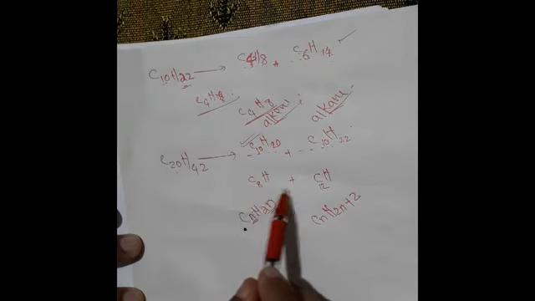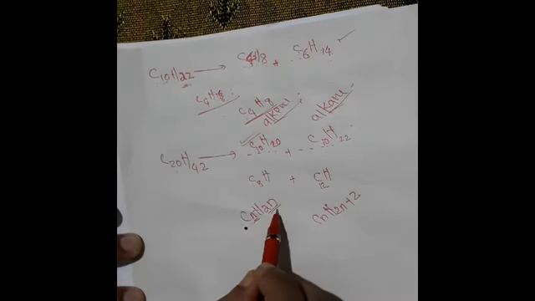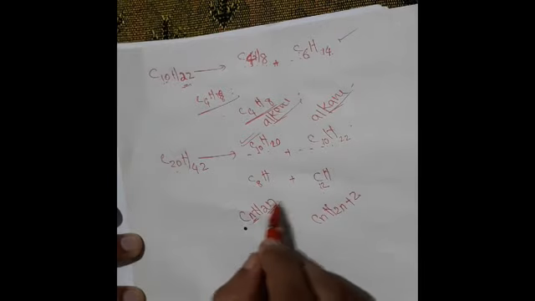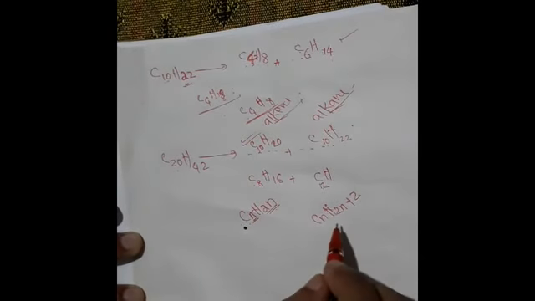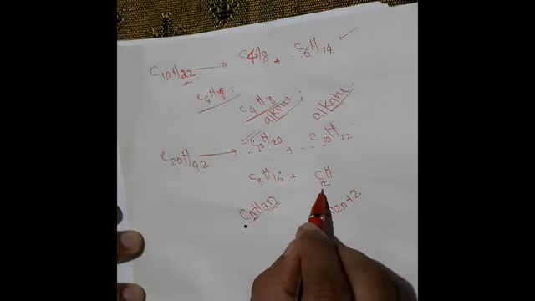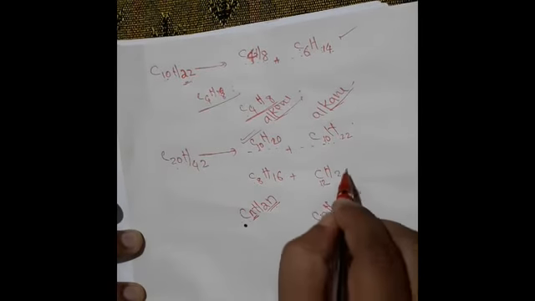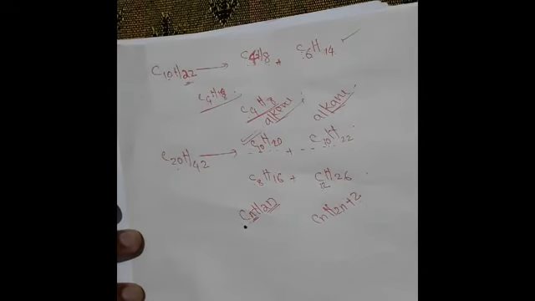Or we did another way, 8 and 12. So here CnH2n, number of hydrogen 2n, 2 times 8, 16. Here 2n plus 2, 2 times 12, 24 plus 2, 26. So you can write the product of cracking anyway.